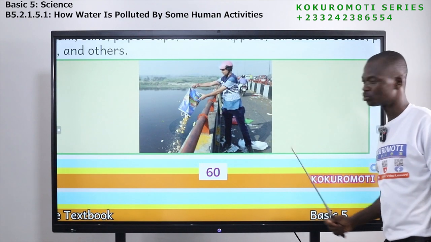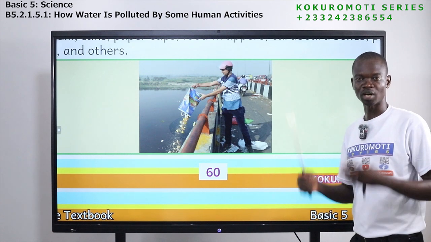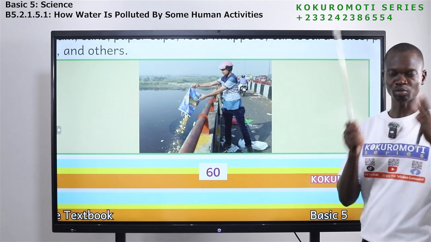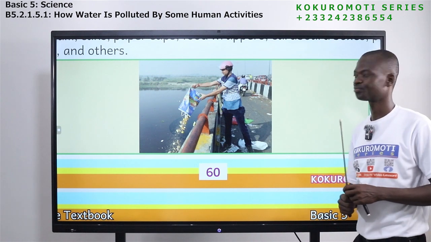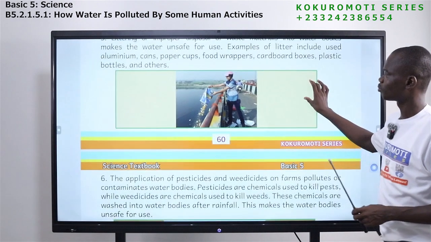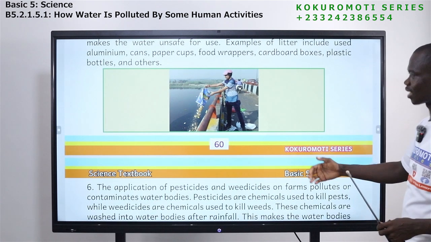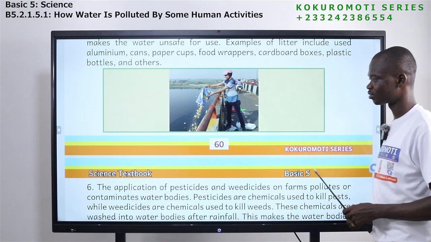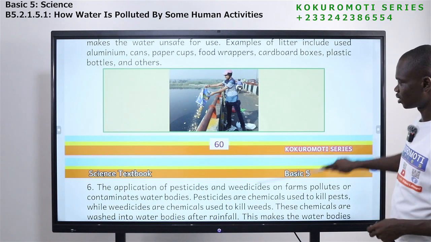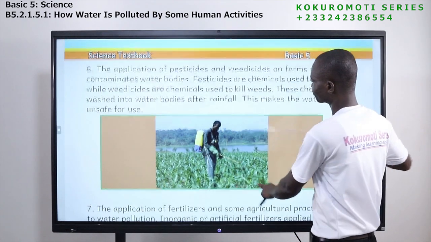Those of you who have been doing this, if you do this, you are doing things that will affect your life. You shouldn't do this. You shouldn't pour litter or throw litter or dump litter into our water bodies.